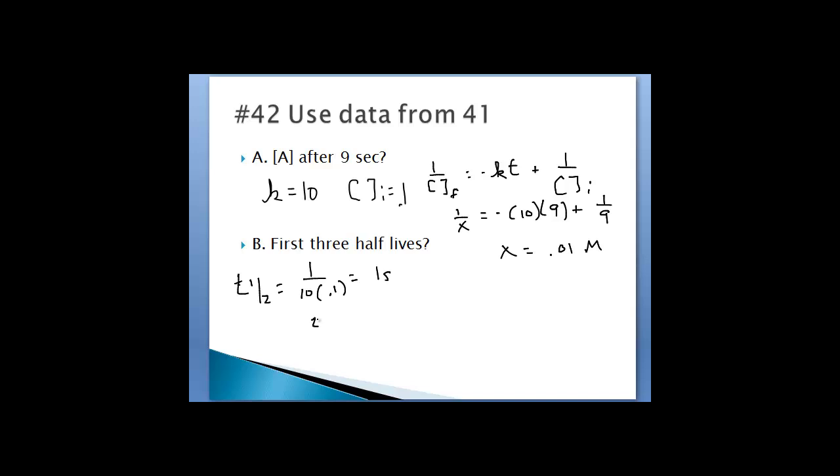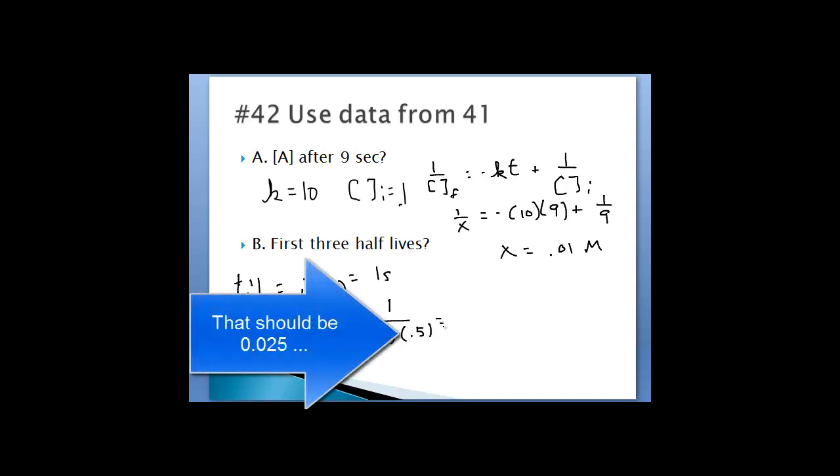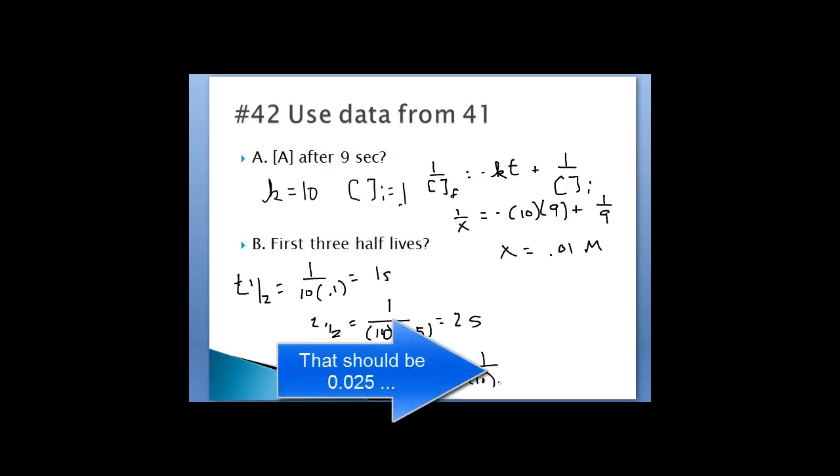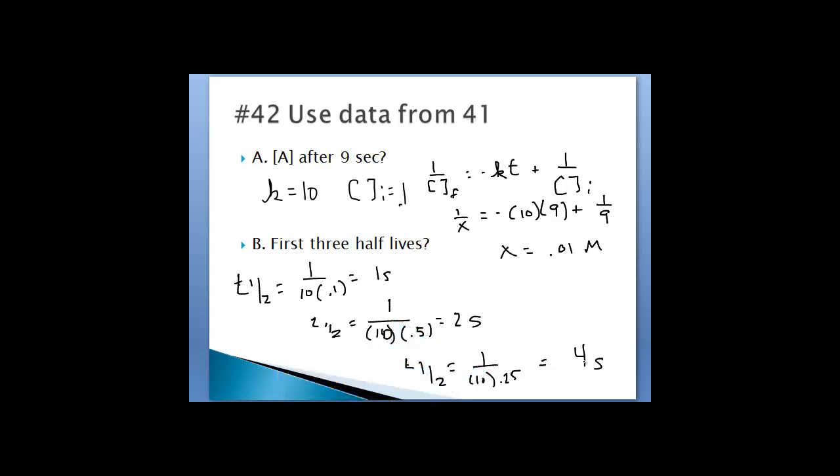For our second half-life, we're going to have 1 over 10, and now our new initial concentration is going to be half of what the original was, so it would be 0.05. So that should be 2 seconds. And then our third half-life should take 1 over 10 times 0.025, which will give us 4 seconds. And again, you can work through the math there.